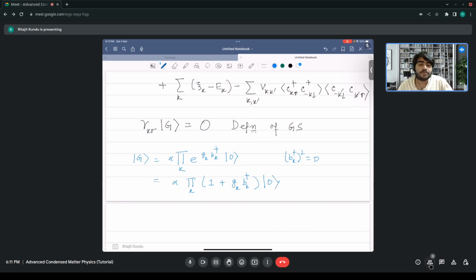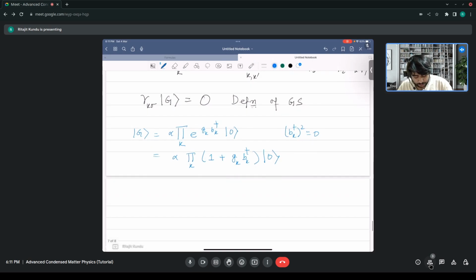I don't need to write any other terms, because b_k squared and all higher orders are 0. Now if you write the form of gamma and take this G, you will see this is truly a state which is annihilated by gamma. So this is a ground state.